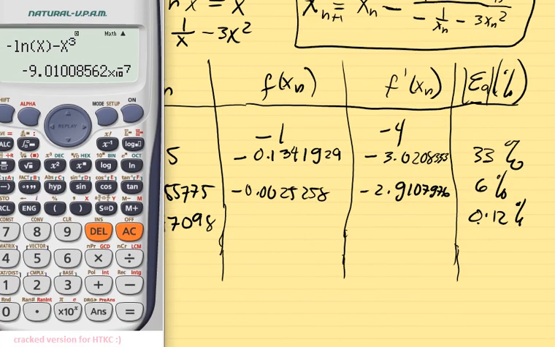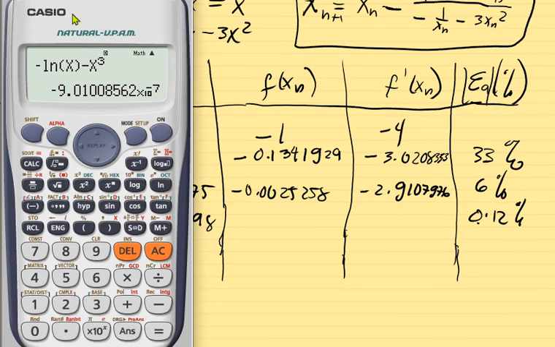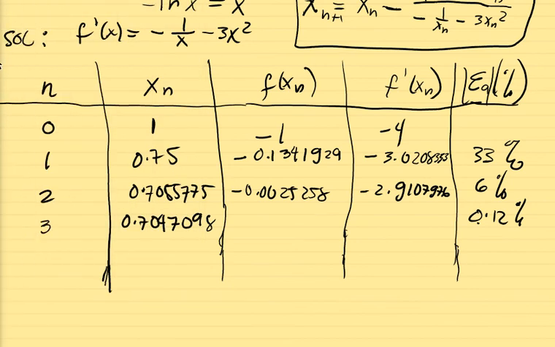So this will be our new value for f of xn, negative 9.01 times 10 to the negative 7. So it's really close to 0. F of xn now will be really close to 0. So this is around negative 9.01009 times 10 to the negative 7.